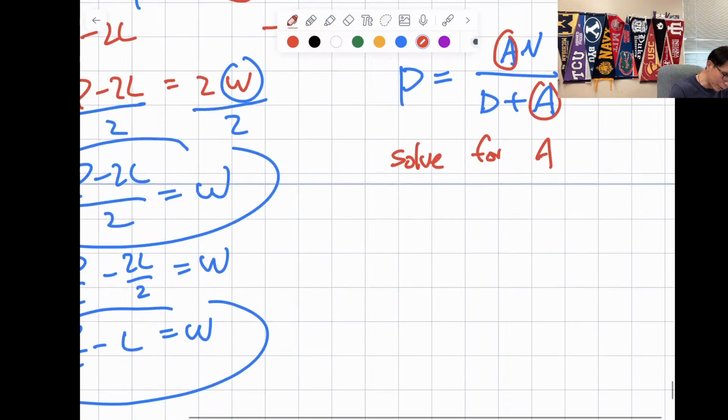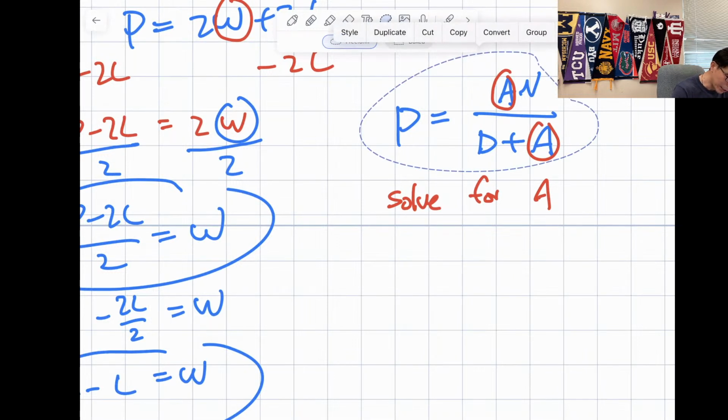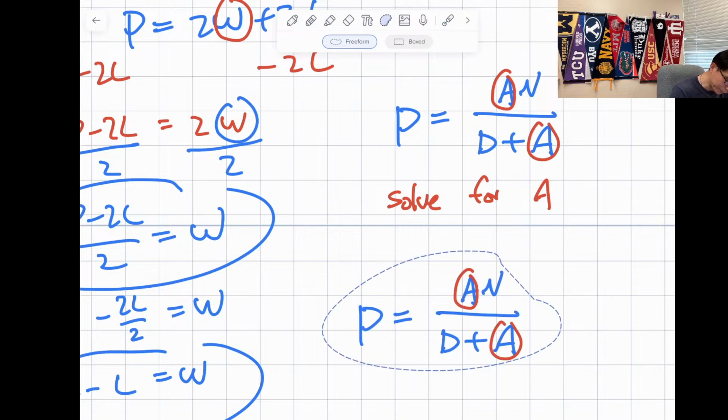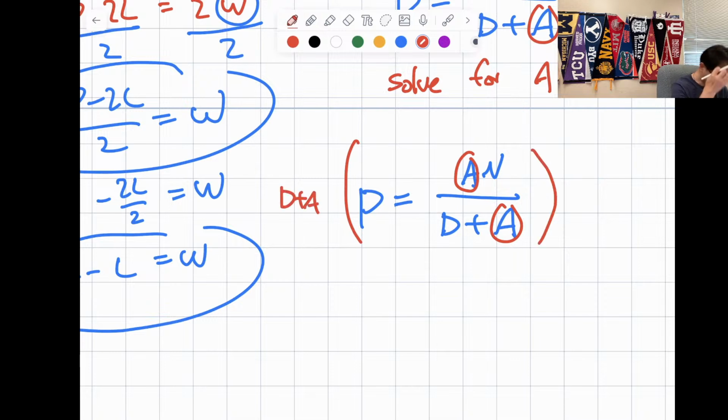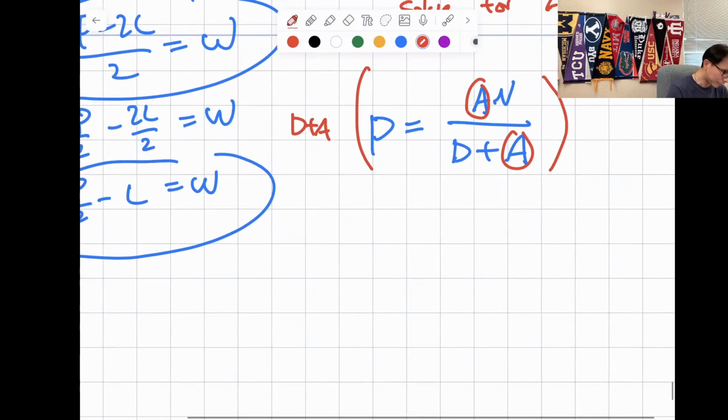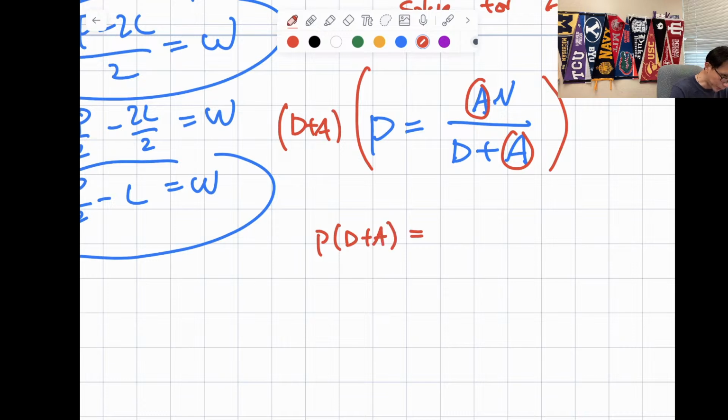I'm going to say P equals, copy, and paste here. What I'm going to do is multiply both sides by D plus A. This is a parenthesis, so it'll be P times D plus A equals AN over D plus A, but you multiply this side by D plus A.